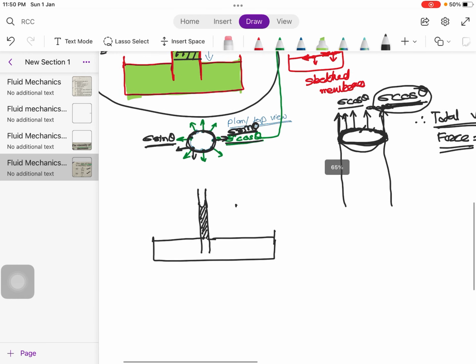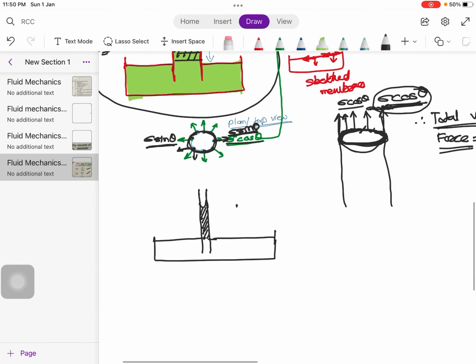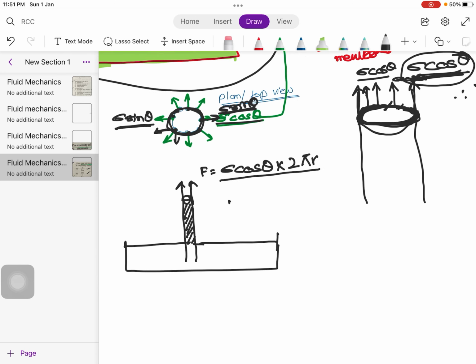Now, we have learned that there is a total net upward force equal to sigma cos theta acting over the entire circumference of the surface of the liquid which has risen in this capillary tube.